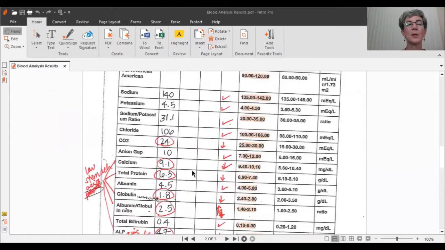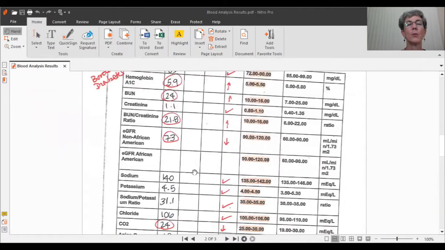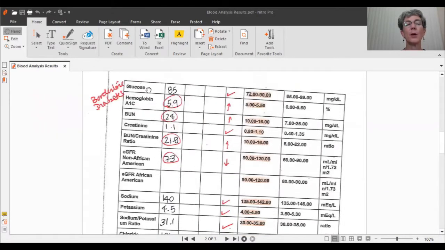Going to go back up to the top of the page here, and we'll discuss glucose and hemoglobin A1C. Now, if the blood sugar, the glucose, is low and the hemoglobin A1C is low, that would typically mean that you are not eating enough food or not digesting your food appropriately.